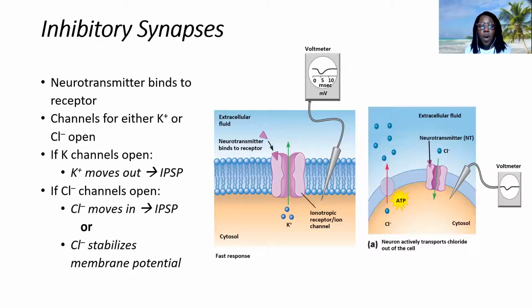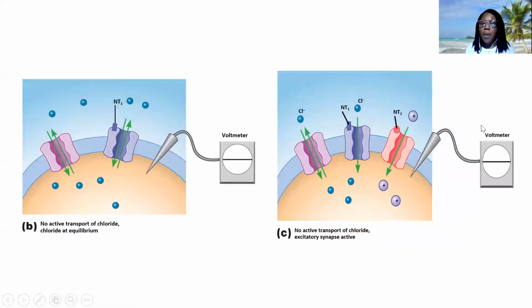Now, chloride can also stabilize the membrane potential. Okay, so it can be an IPSP, but it can also resist any membrane potential change. And that will be on a cell that doesn't have active pumping of chloride out of the cell. So here on this neuron, there's no active transport of chloride out of the cell.